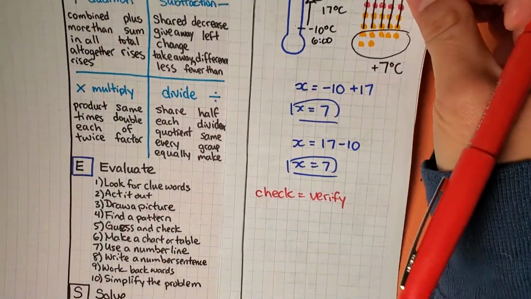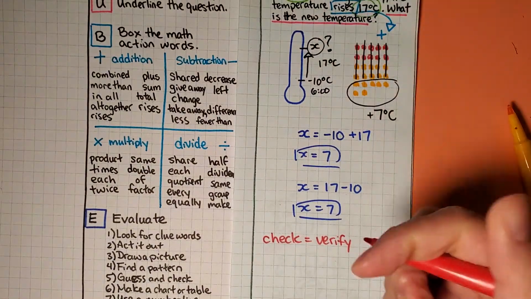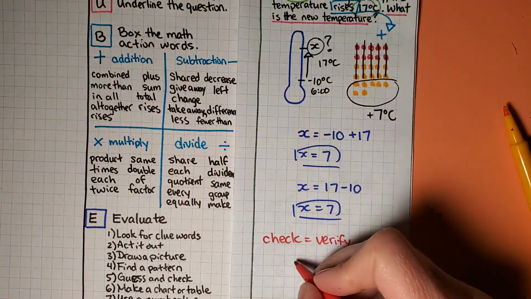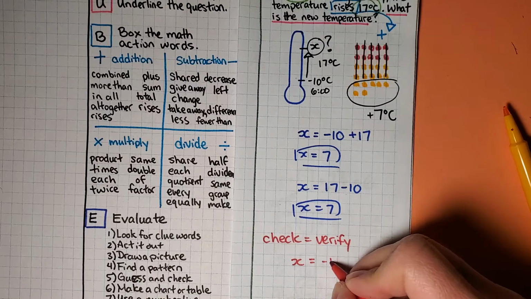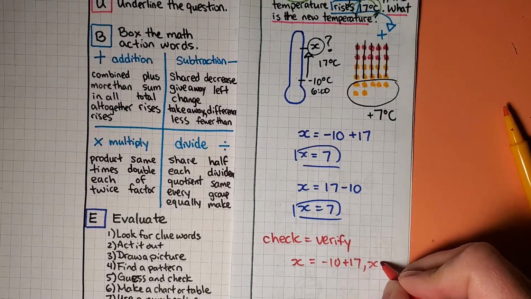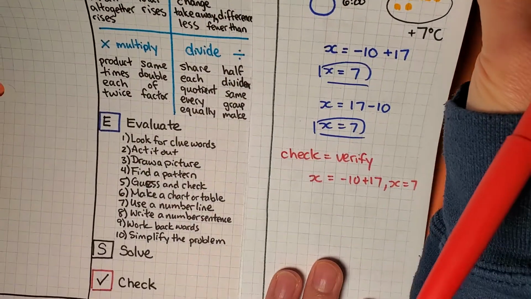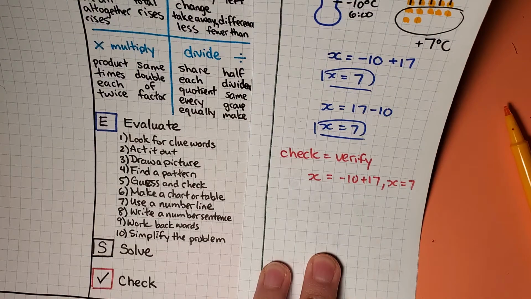Final part of CUBES check is to check. And to check this, we're going to verify. This is not a very complicated algebraic expression, but it is an algebraic expression. And if x equals 7, the way we prove it is we make the left side equal the right side.